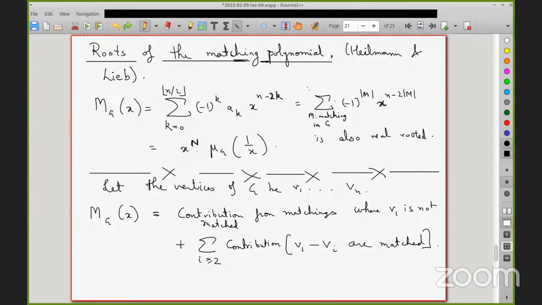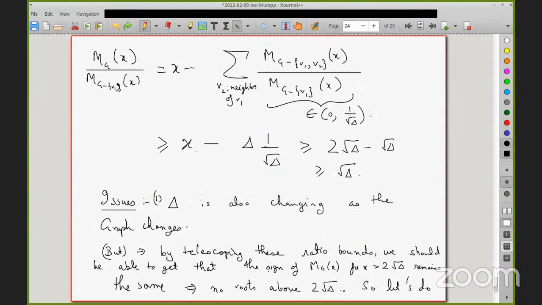Then, using the fact that things are easy to compute at 0, you do the Taylor expansion, compute some terms, and get an approximation for log m, which gives you a multiplicative approximation to m, assuming you can show the Taylor series converges fast. So for those applications, it's better to show that the roots are far off. Here we are doing the opposite. Our goal is to show that the roots are not so far off, that they are actually at most 2 times the square root of delta minus 1.